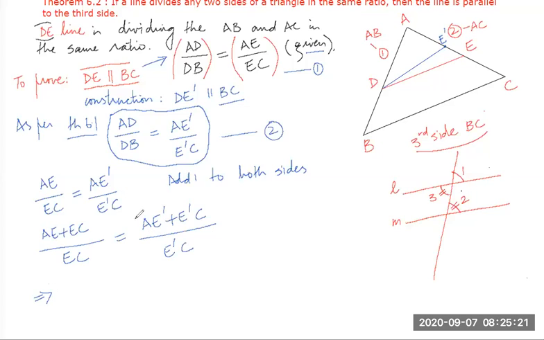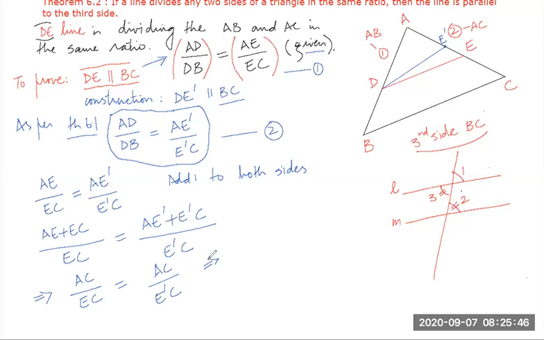So what is AE plus EC? AE plus EC is AC, right? Divided by EC is equal to what is AE dash plus E dash C? Students? AC. Yes. AE dash plus E dash C is AC divided by E dash C.